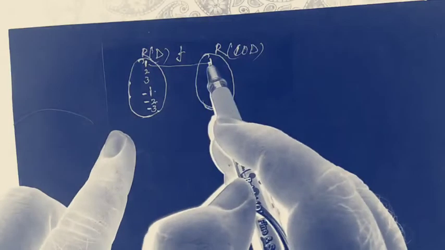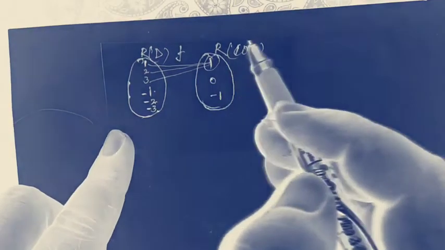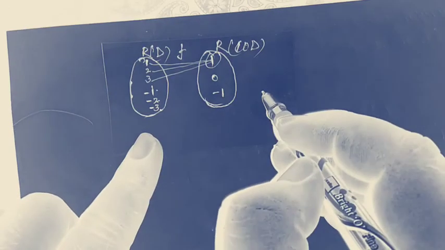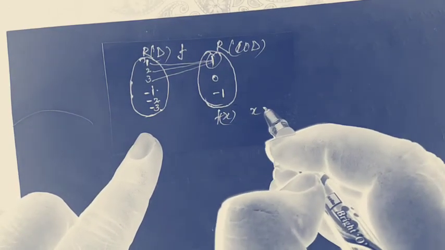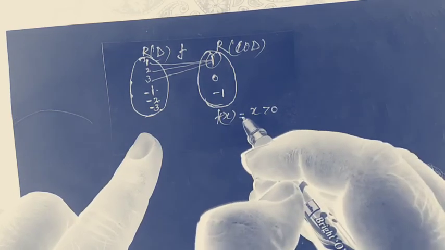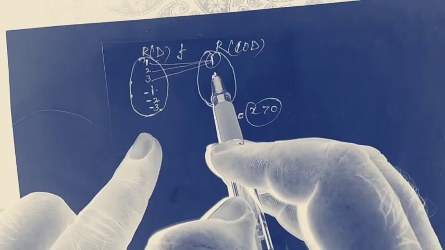1 has got 1, 2 and 3 also got 1, because the value of f(x) if x is greater than 0 is 1, isn't it?